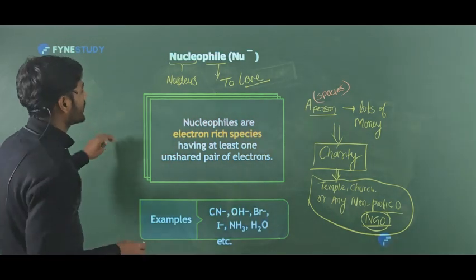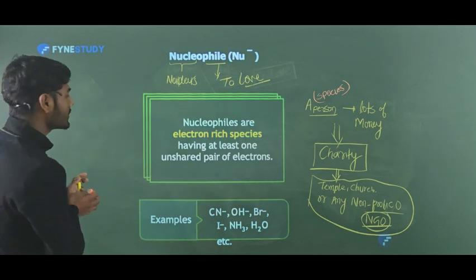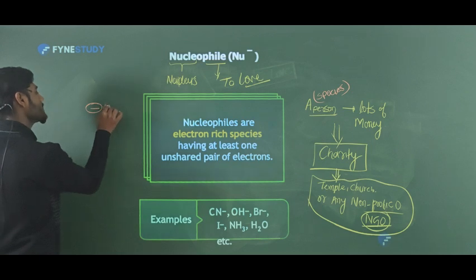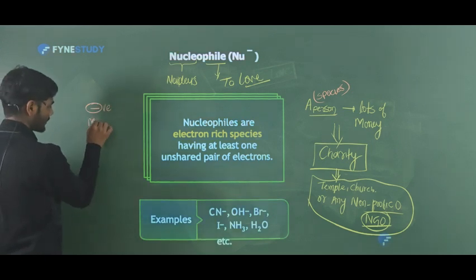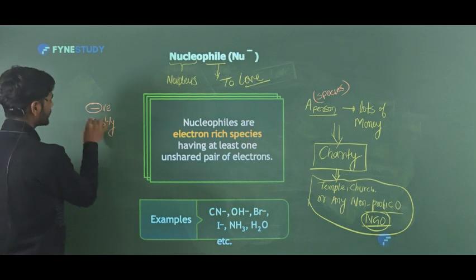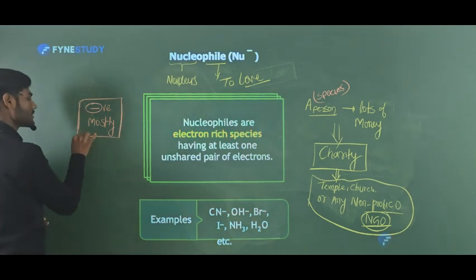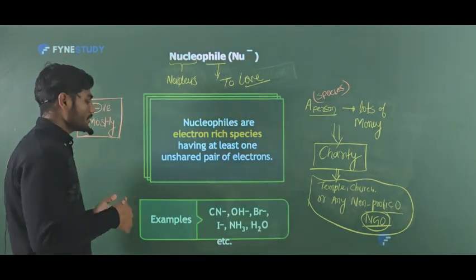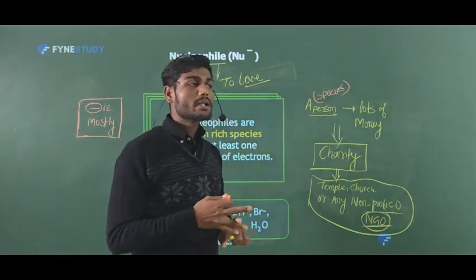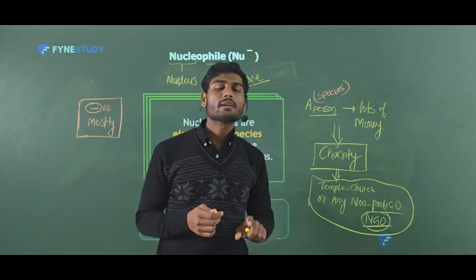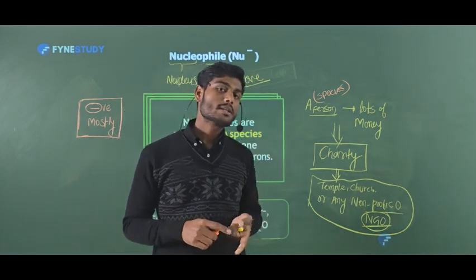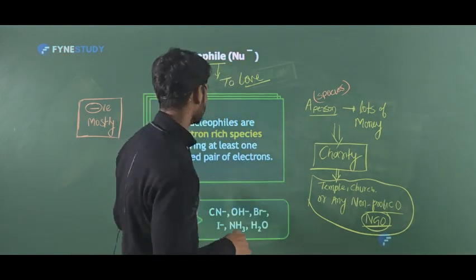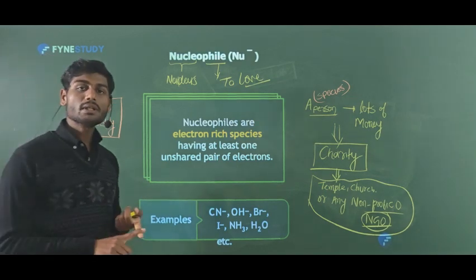Now see, a nucleophile has excess electron, it means it should be negative, negatively charged, most probably. Mostly it will be negative charge, but it's not necessarily so. In the previous one, I told you that most electrophiles will be positively charged, but not all electrophiles are positively charged. Same here, not all nucleophiles are negatively charged.